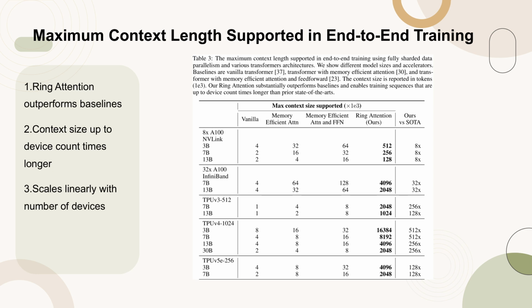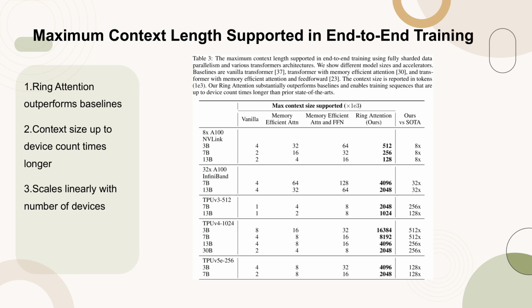The context size is reported in tokens, 1 times 10 cubed. The results show that ring attention significantly outperforms these baselines, enabling training sequences that are up to device count times longer than the prior state-of-the-art.